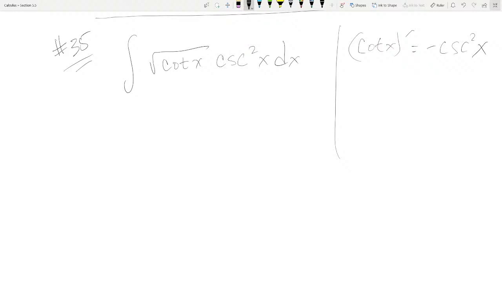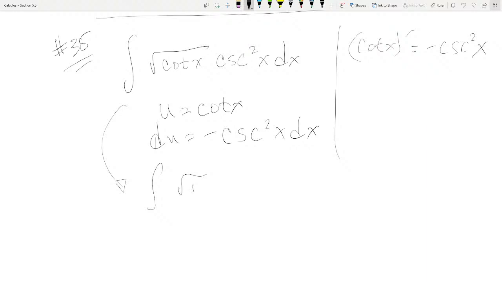And again, it's that square root. Wouldn't you love to have square root of u? So if I'm going to have that, I would have to pick u to be cotangent x. Then du is minus cosecant squared x dx. When I substitute for everything I see, I have square root of u from the square root of cotangent x.